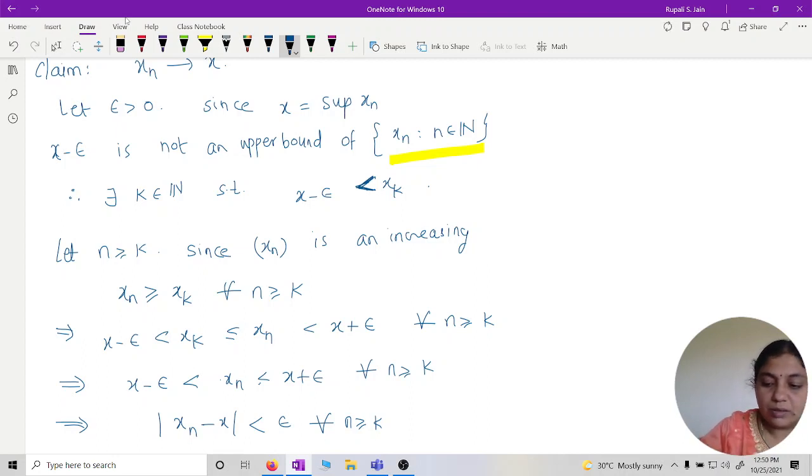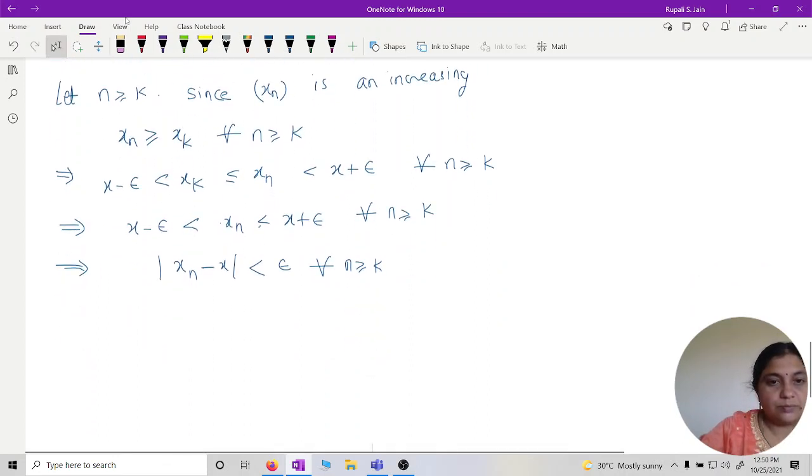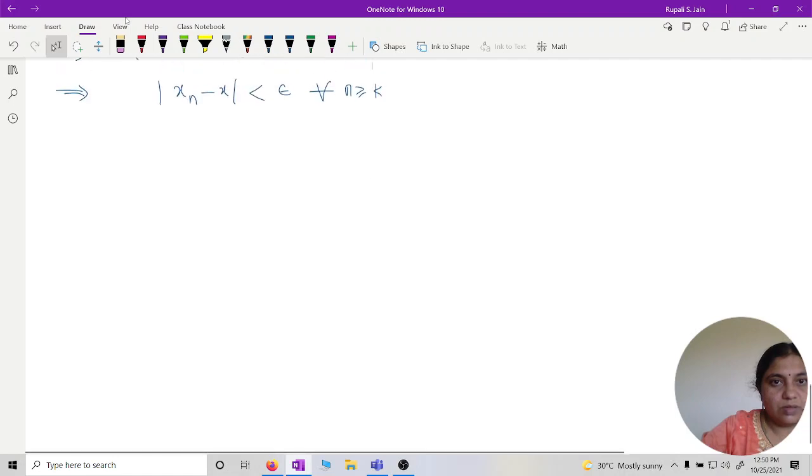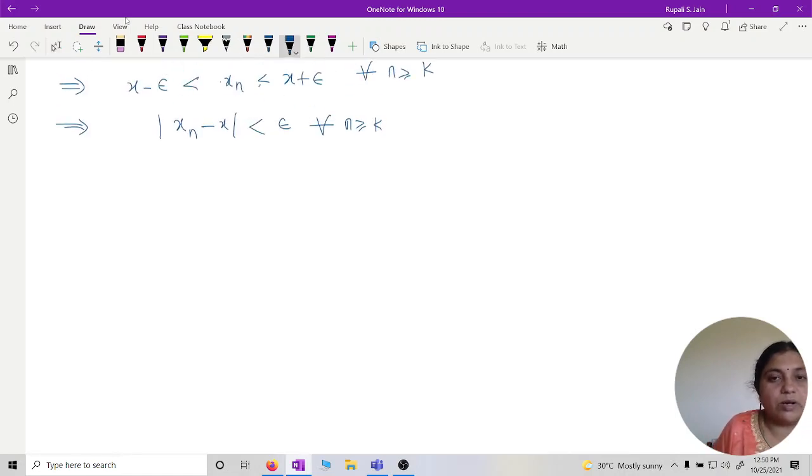So we started with arbitrary epsilon and we have found a natural number k such that mod of xn minus x is less than epsilon for all n greater than or equal to k, or n naught. Instead of n naught, I am using k here. So this implies xn converges to x. Is that okay?